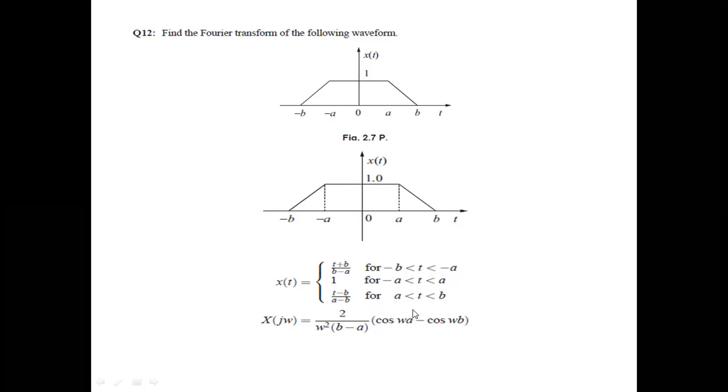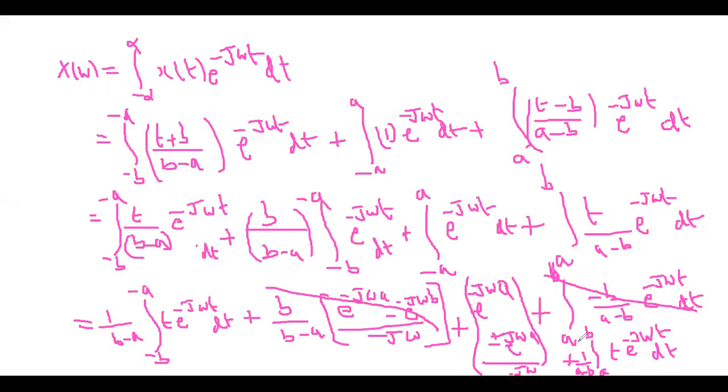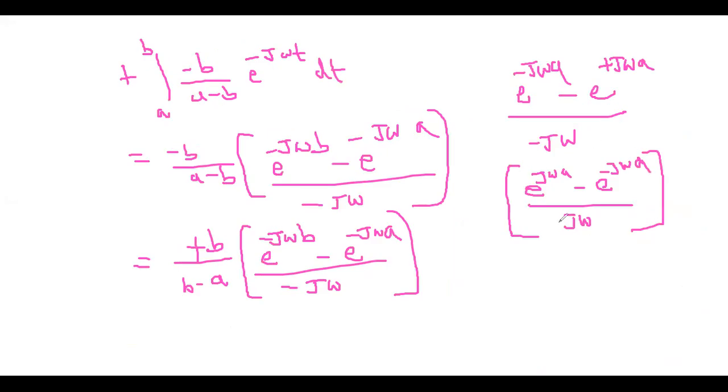Then convert these exponential values, whatever we get after applying by parts. After applying the by parts here and here, e power j omega a and e power minus j omega a get cancelled.